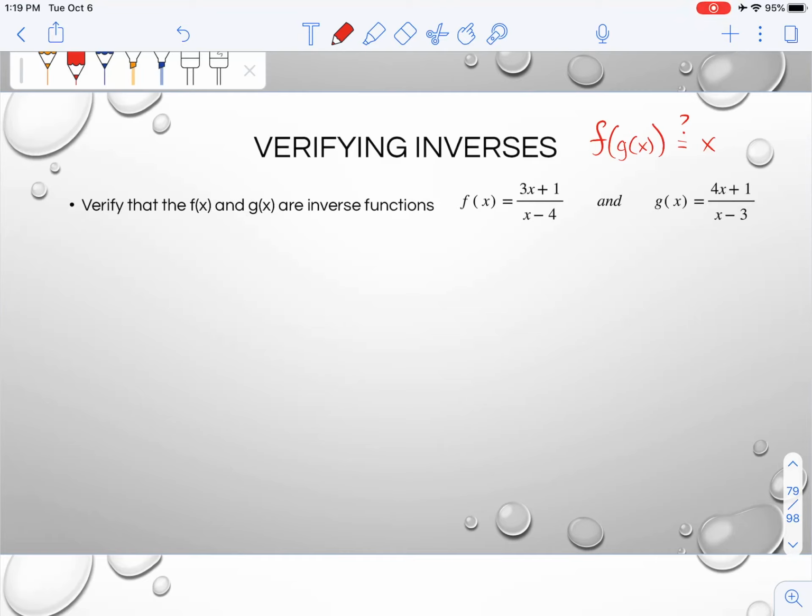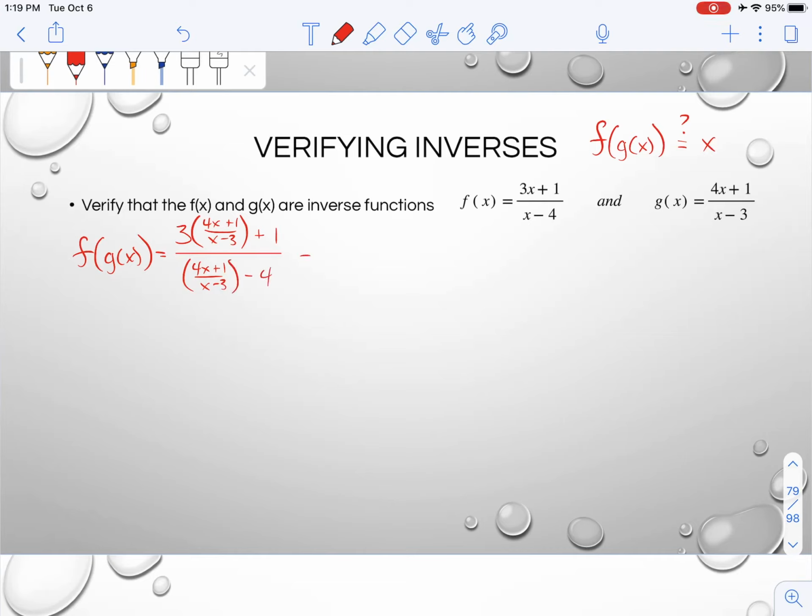So when I do f of g of x, we're going to have 3 times the entire function, 4x plus 1 over x minus 3, plus 1, all divided by x, or 4x plus 1 over x minus 3, and minus 4.